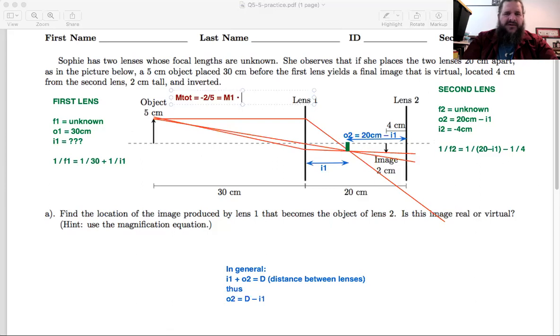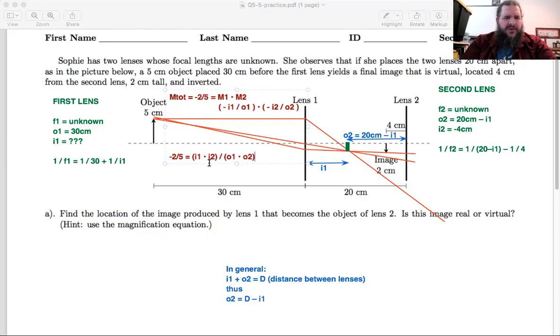Yeah, that should be M1 times M2. And each one of those M's could be written as -I over O as usual. So we could write that as -I1 over O1 times -I2 over O2. And now we've got another equation we can use. We can cancel out the negatives, and we end up with negative 2/5 equals I1 times I2 over O1 times O2, combining those fractions together.